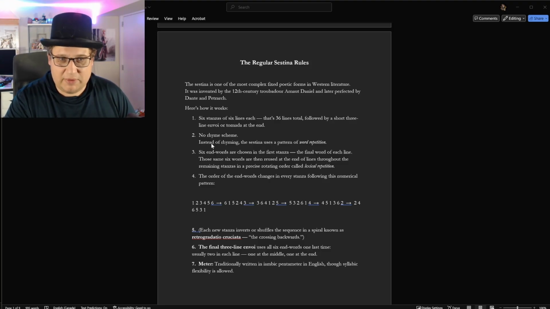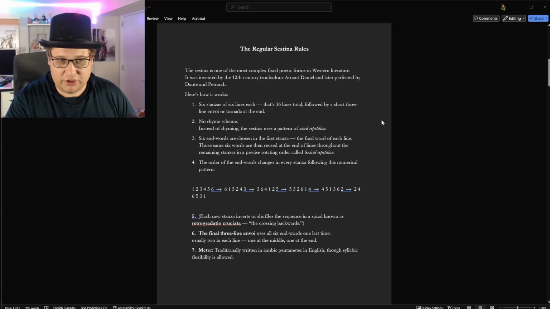No rhyme scheme. Instead of rhyming, the sestina uses a pattern of word repetition. 6 end-words are chosen in the first stanza, the final word of each line. Those same 6 words are then reused at the end of lines throughout the remaining stanzas in a precise rotating order called the lexical repetition.